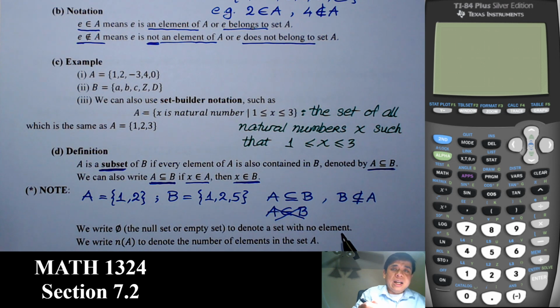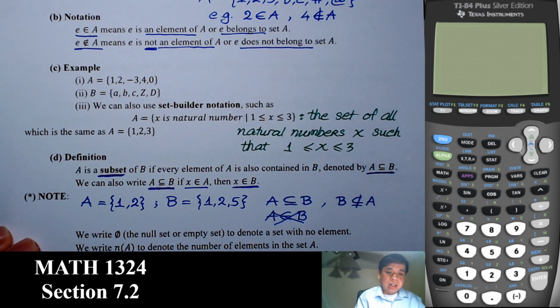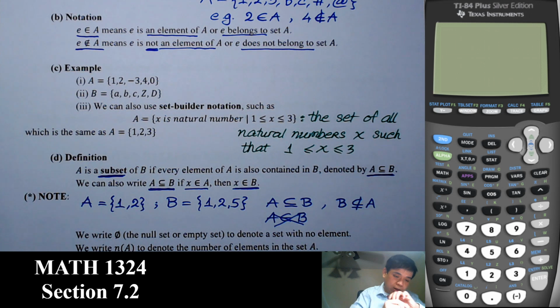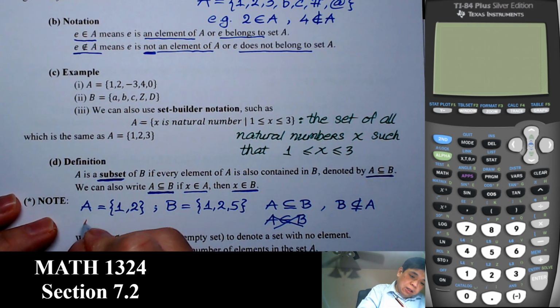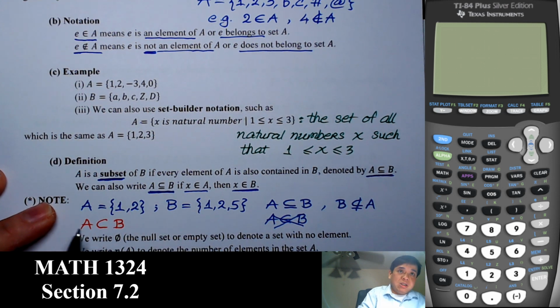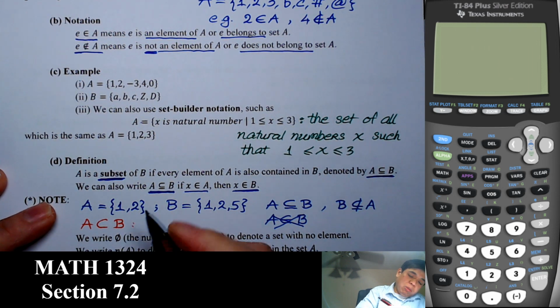Now, it's not in this book, but there is also a proper subset. We can also say A in B, because they are not equal. So this means A is a proper subset.